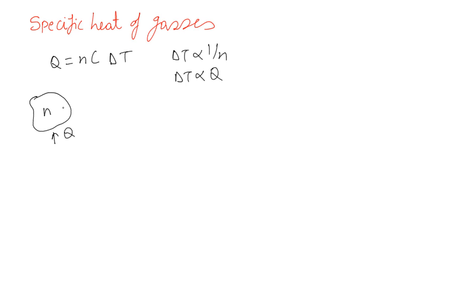It is very unlike solids, in which case you give heat, it raises temperature, give it more heat, it raises more temperature. In this case, the system actually changes. The velocity of the particles inside all changes. So that's why there are two different specific heats that have been defined.